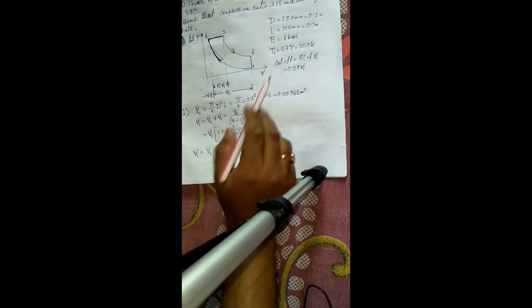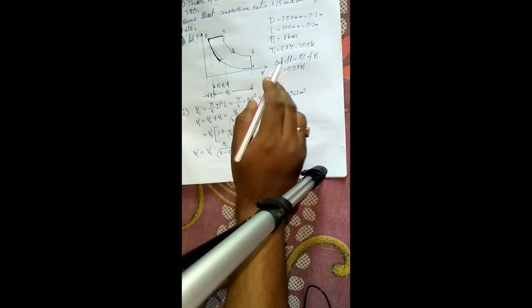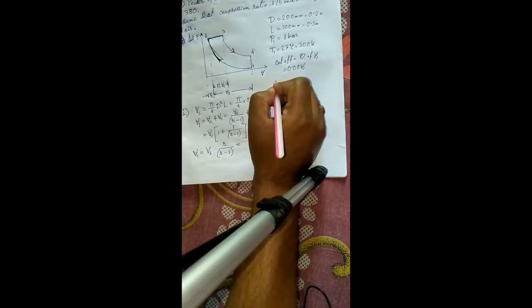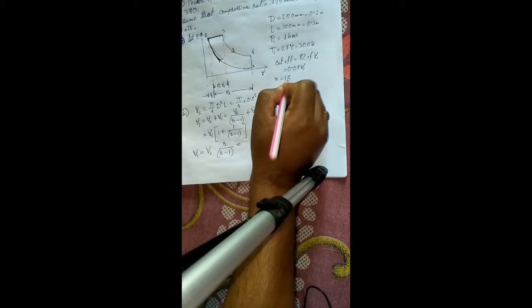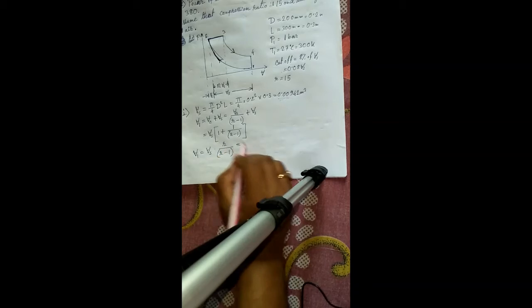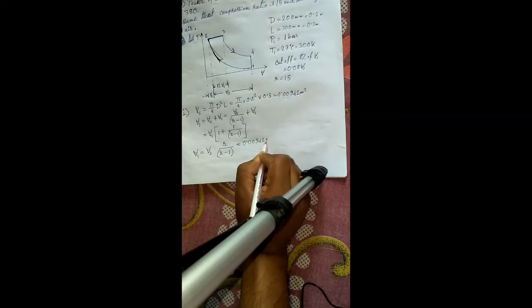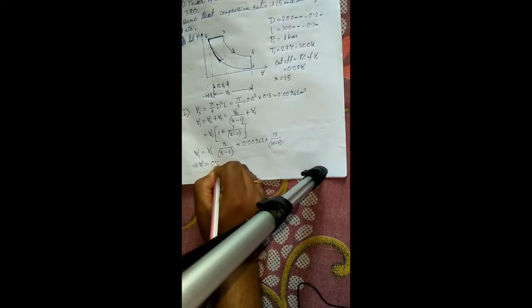Now substituting the values, Vs and compression ratio R is 15: 0.00942 into 15 by 15 minus 1. So the value of V1 becomes 0.0101 meter cube. This is the value of V1.